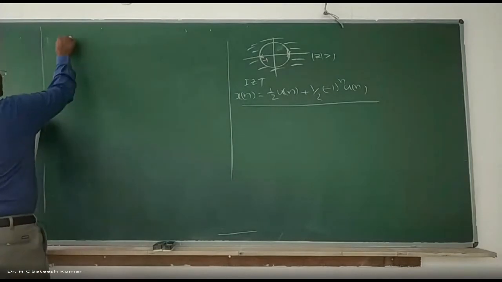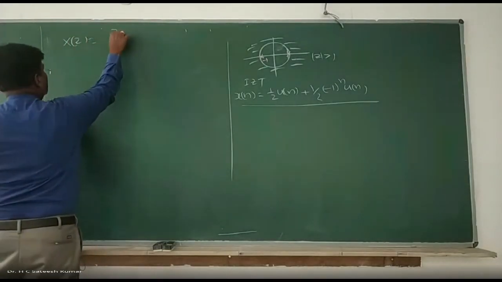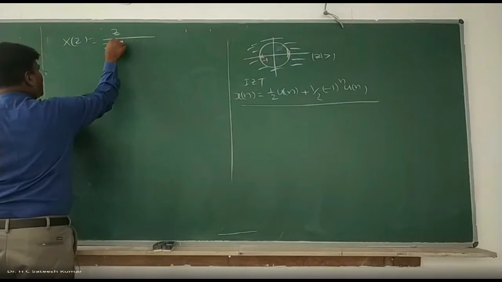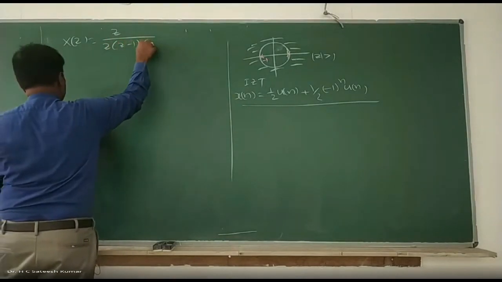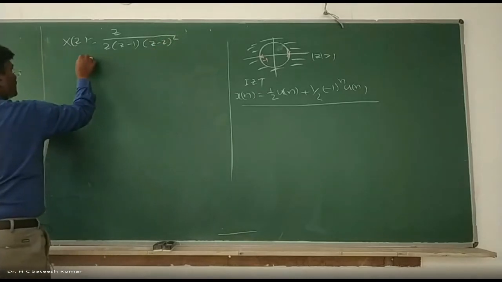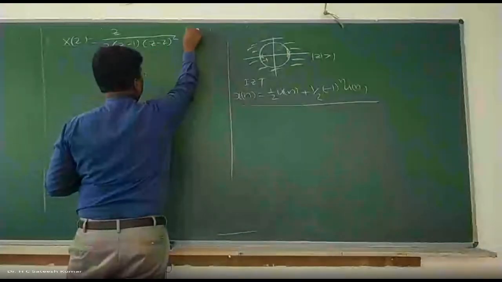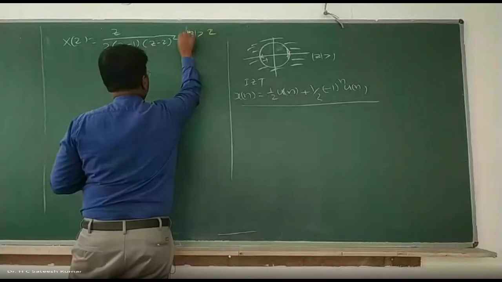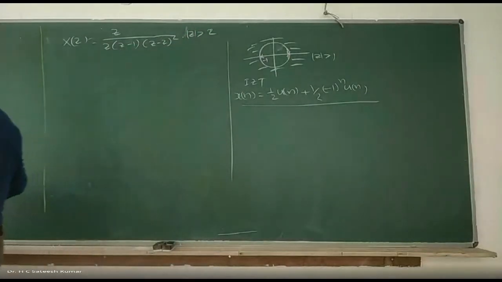X of z is equal to z divided by z minus 1 into z minus 2 whole square, with ROC mod z greater than 2. Find the inverse Z transformation.